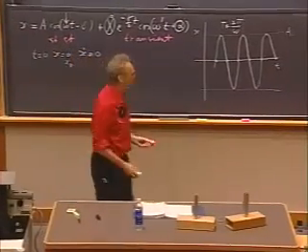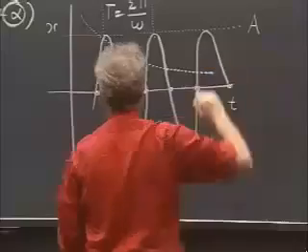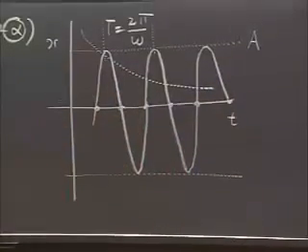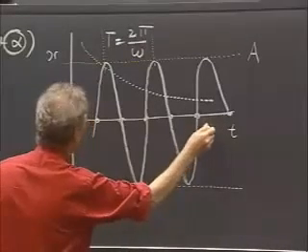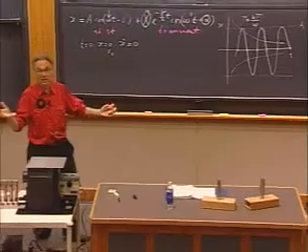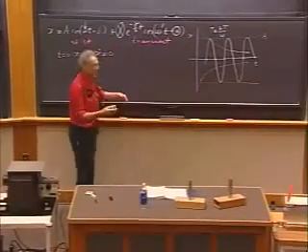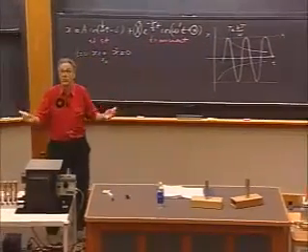And so I will now put in some kind of an exponential decay, something like this. It has its own frequency, omega prime. I can choose anything. I can make omega prime larger than omega. I can make it smaller. So I just pick one.